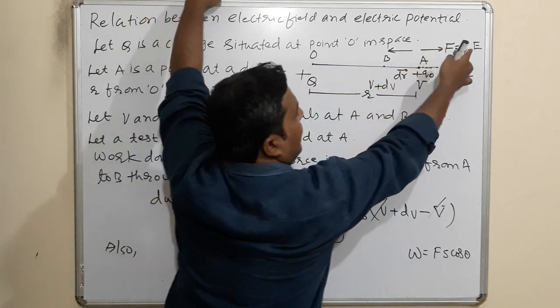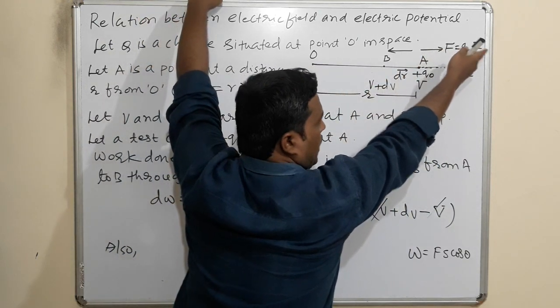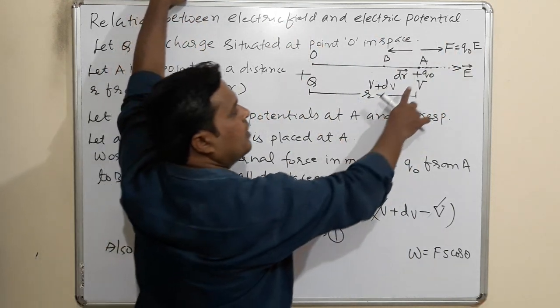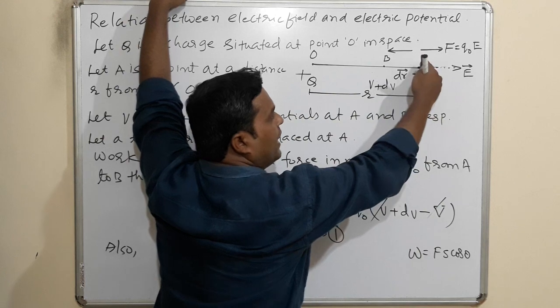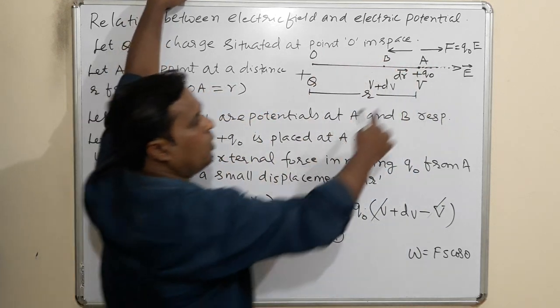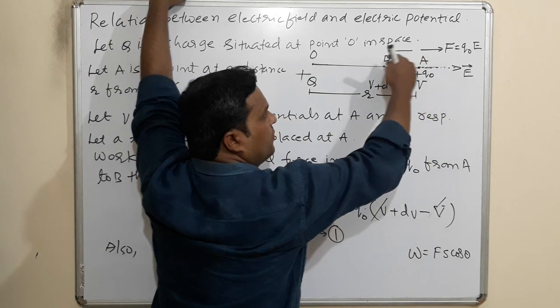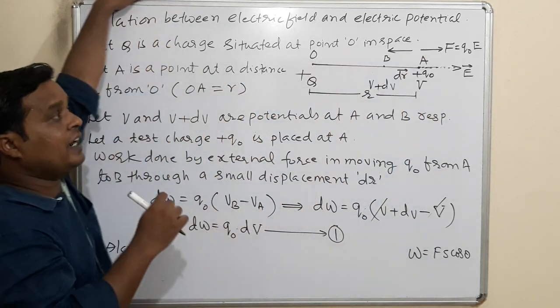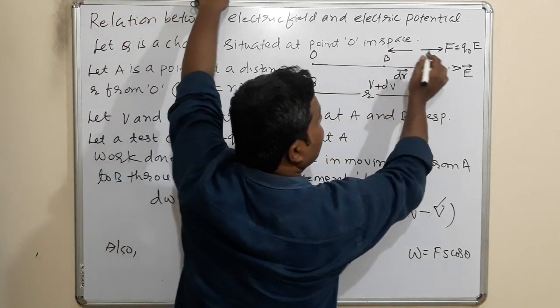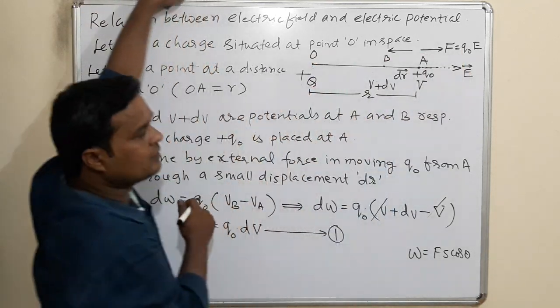That means I have to apply a force equal to this in the opposite direction, so that the net force on Q naught while bringing it from A to B must be 0. Then how much force do I have to apply? Against this, I have to apply.